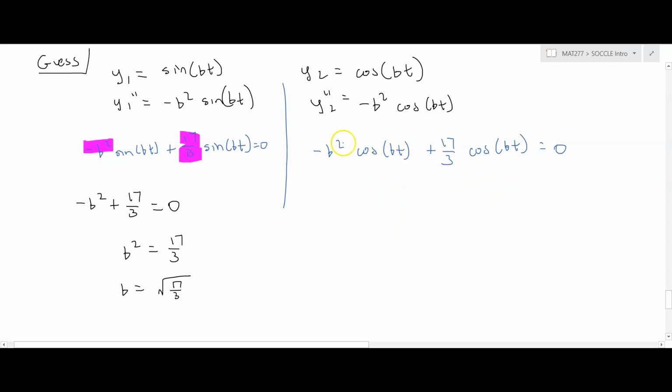And then over here, we'll also be able to argue that the sum of the coefficients of the two cosines has to equal 0. So here we'll have negative b squared plus 17 thirds equal to 0. You see that we're solving the same equation. We get b squared equals 17 over 3, and b equals the square root of 17 thirds.